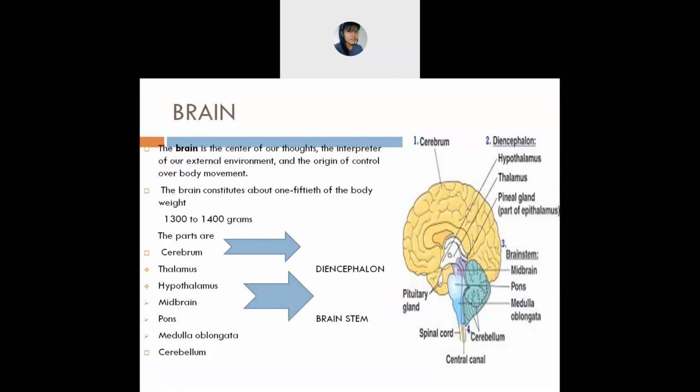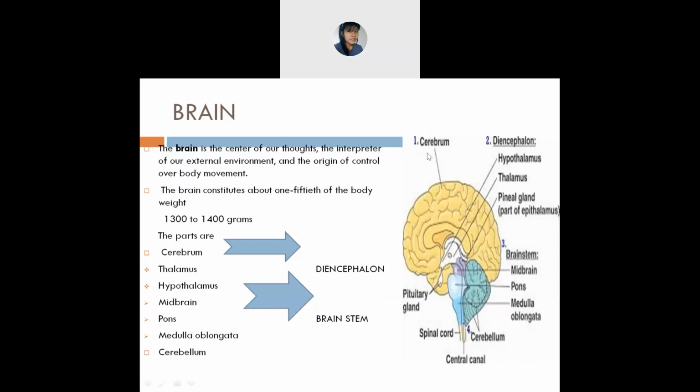It interprets whatever is going on around us, internally as well as externally, and it also controls our body movement. The weight of the brain is 1300 to 1400 grams.